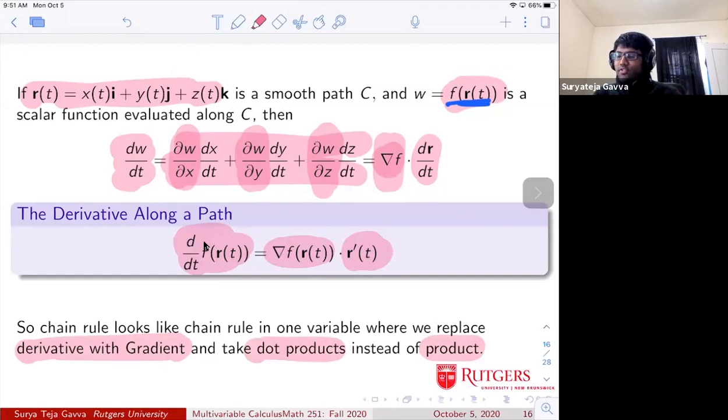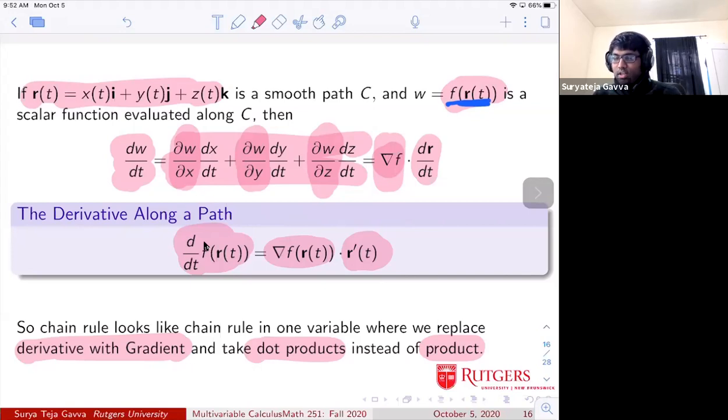Okay, so if it's a function f of r of t and all of these are normal one variable functions, we know that the derivative of f of r of t is nothing but the derivative of f with respect to r times the derivative of r, right? So instead of that, I'm saying to compute the derivative of f of r of t, take the gradient vector, that's the derivative with respect to r, or this x, y, z, times the derivative of r.